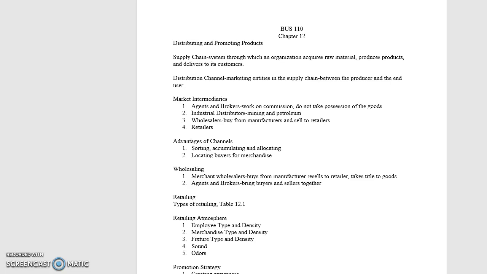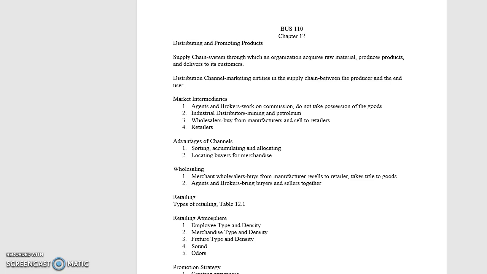So there are advantages to having these channels. Your book talks about the sorting, accumulating, and allocating. And it uses the example of eggs. So rather than the farmer having to sell several different sizes of eggs in small sizes, the, let's say, wholesaler can get those eggs and sort them so that you have a dozen large eggs, a dozen medium eggs.